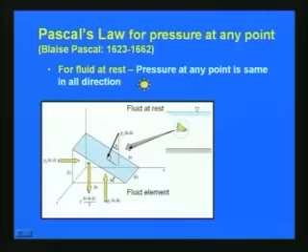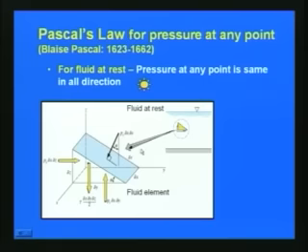Here, if you consider the fluid at rest, and we are considering a fluid element, then with respect to this fluid element, Pascal observed through various experiments that the pressure at any point is the same in all directions. If we consider a fluid element like this, the pressure at any point is the same in all directions.